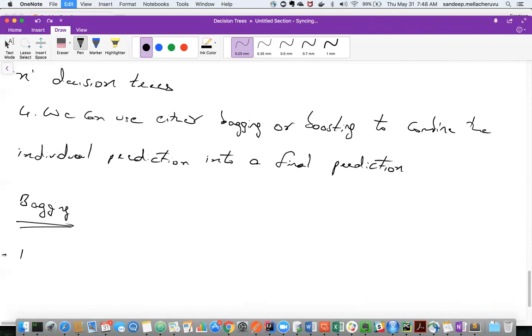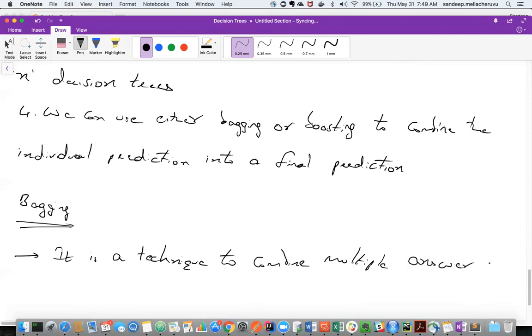So what is this bagging? It is a technique to combine multiple answers or multiple predictions into a single prediction.